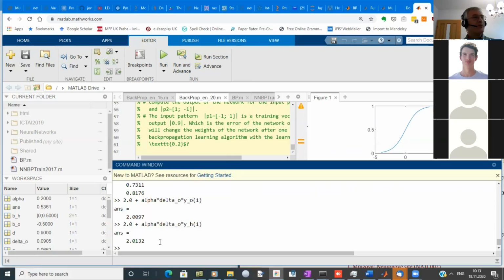So once again, please develop a formula expression which computes new weights between the hidden and output layer after updating according to the backpropagation algorithm.